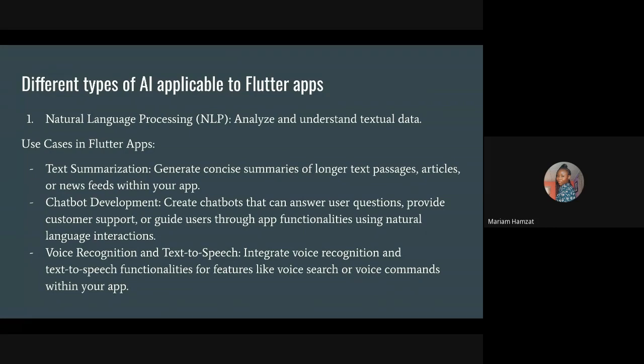We have the artificial intelligence developers, the machine learning AI engineers, who build the tools themselves. They create models and all sorts of things with AI. Then we have the ones that do web. They can be React, JavaScript developers. We have the ones that do games. We have the ones that do Flutter, right? So now, the different types of AI applicable to Flutter applications.